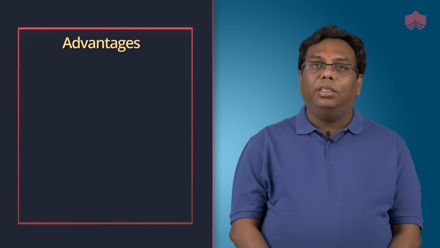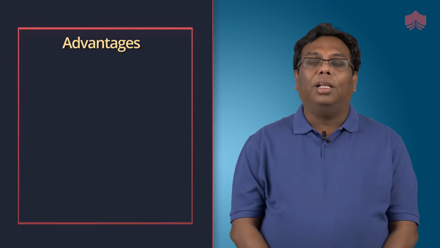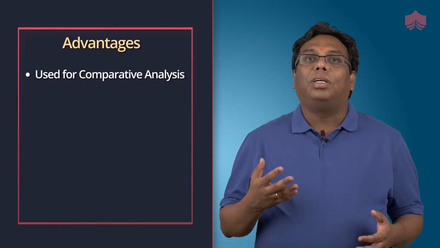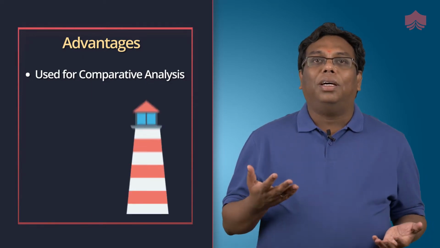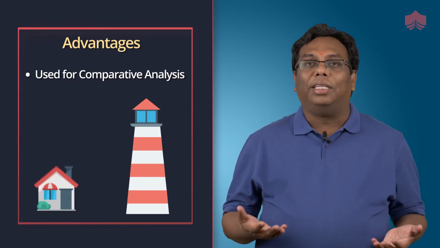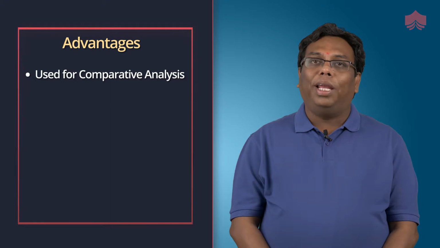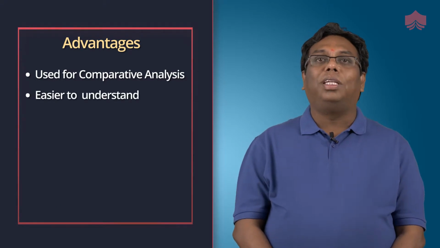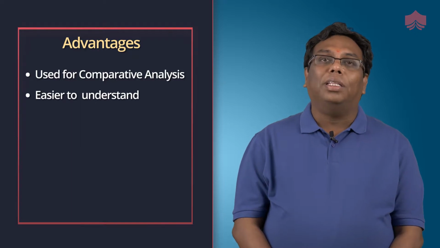The reason we use the relative estimation technique in Agile is that, generally for end users or in estimating any work, it's easy for us to compare two things and say which one is bigger, larger, lighter, or shorter. That makes it easier for teams to understand and go about estimating the work.